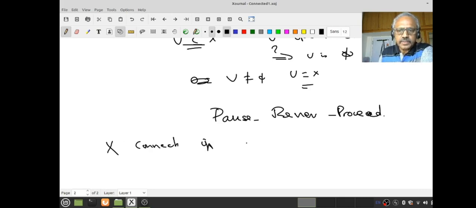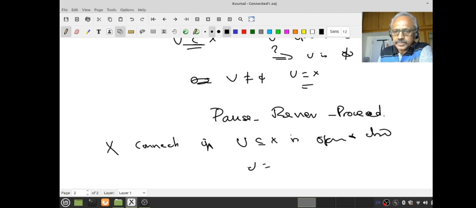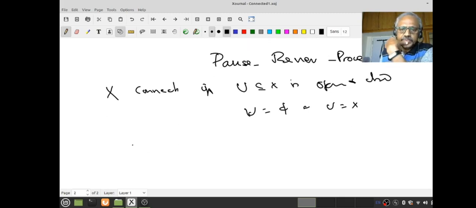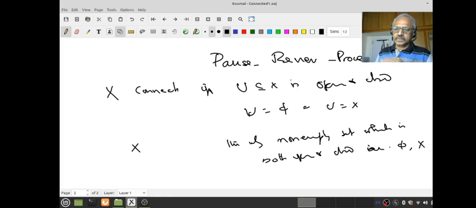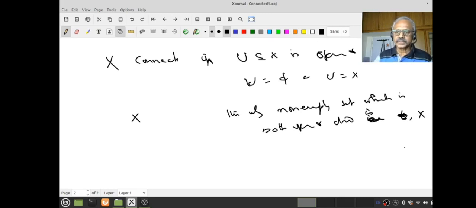If and only if you give me U in X which is both open and closed, that implies U must be empty or U must be all of X. So in other words, equivalently, a space X is connected if and only if the only non-empty set which is both open and closed is X. Do you understand this?